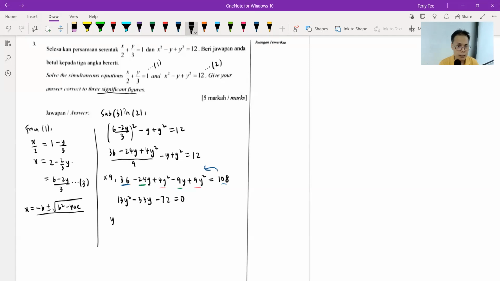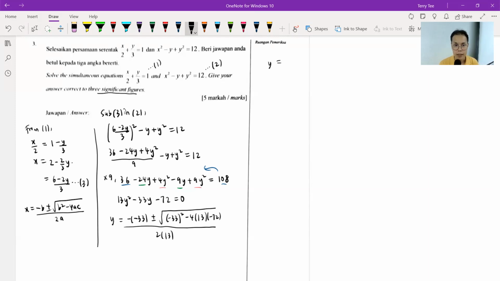This formula is given. You can at least refer to the formula list. Right, my b is negative 33, so negative 33 plus minus square root of negative 33 squared minus 4, a is 13, c is 72, divided by 2a.